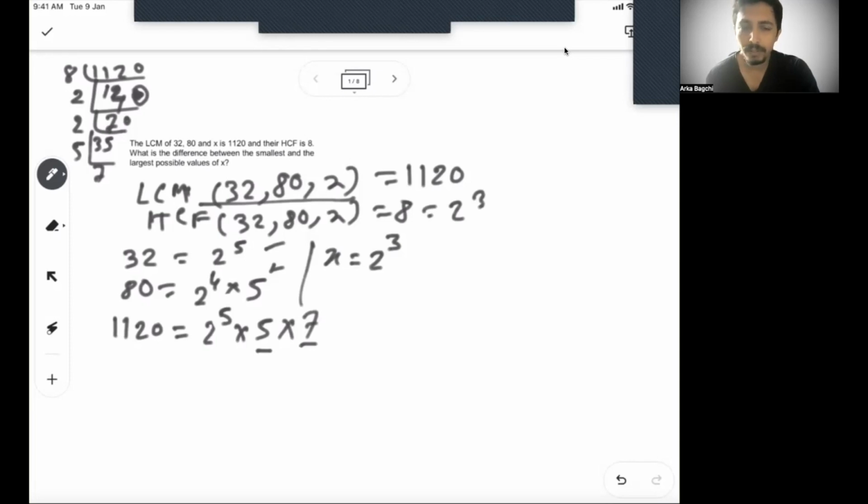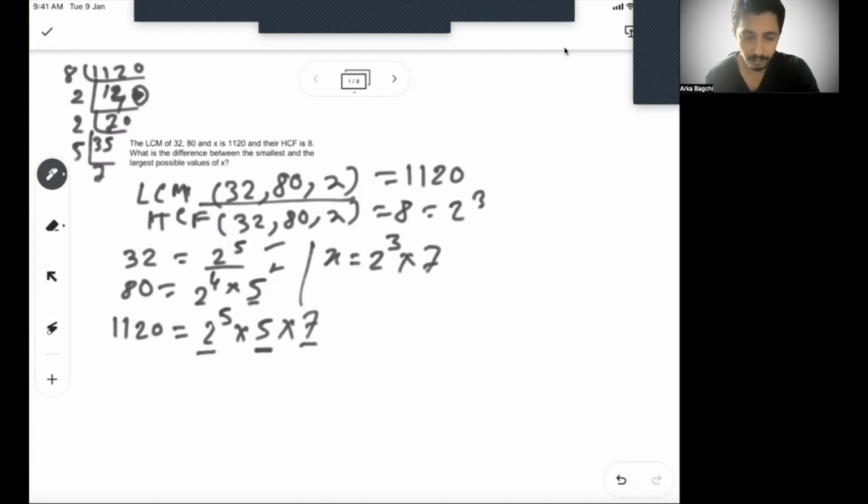For LCM, we take all the variables present in any one of the three numbers, with the highest power of each. 2 to the power 5 is already taken here, 5 is already taken here, but 7 is not present anywhere. So the 7 has to be in x, otherwise there is no 7 in 32, 80 and x, and 1120 would not get its 7.